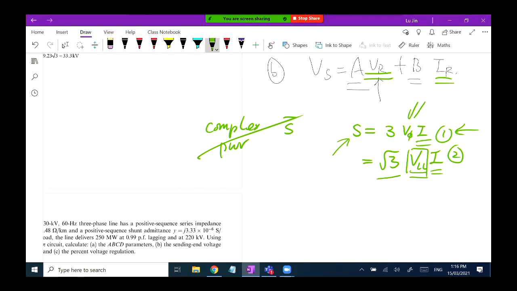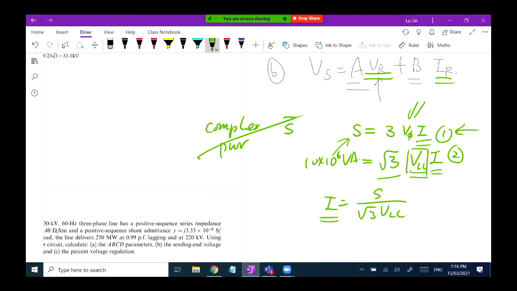This apparent power S is 10 times 10 to the power of 6 VA. Of course, you can determine I. I equals, again, I don't do the calculation, I just give the formula: S over square root of 3 VLL. After we finish this calculation, we will get one current I value, right? Again, everyone, sorry for so many questions.